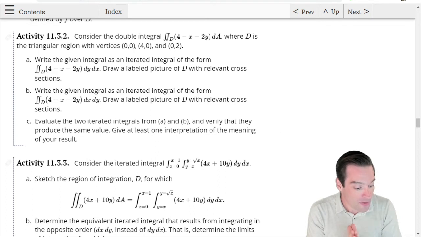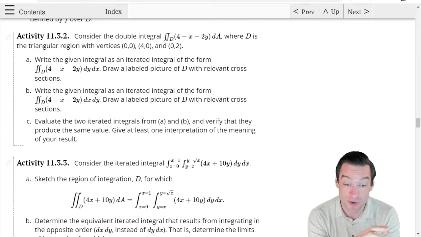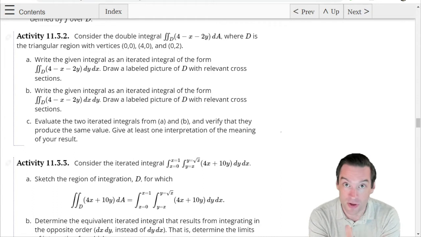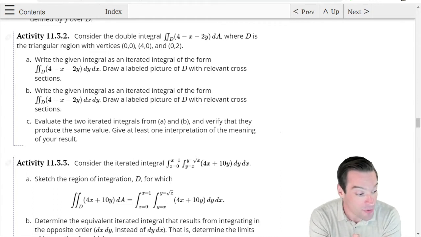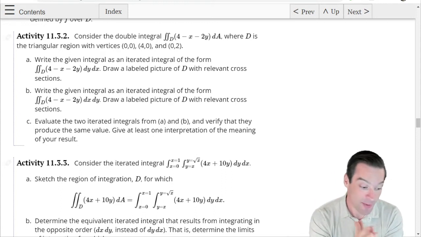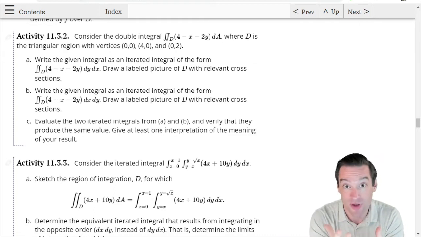Sometimes one of those approaches is easier than the other because it gives us nicer looking functions and expressions in our limits of integration, or sometimes, as the last activity in this chapter, which I encourage you to look at on your own time, shows, an integral is impossible to do because an antiderivative is impossible in one of those directions, but becomes possible if we choose the other way of describing the region.